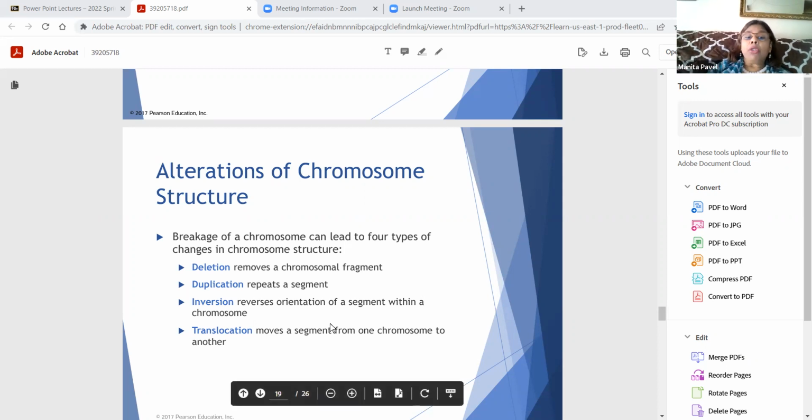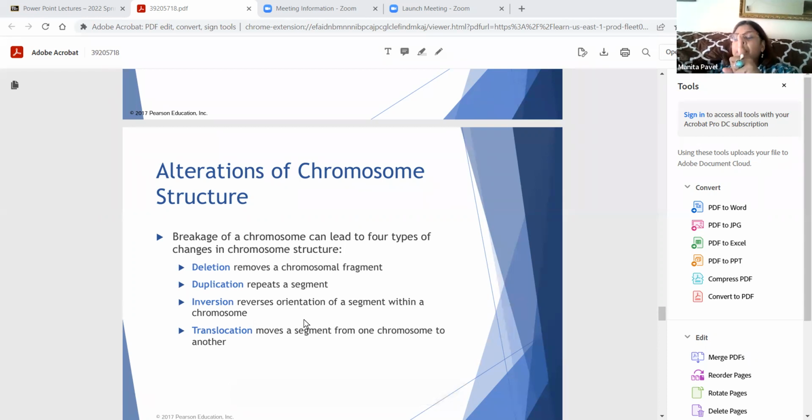Inversion. Inversion is to reverse the orientation of a segment within a chromosome. So if this is my finger, this is my whole chromosome. If I call this, for understanding purposes, A, and this B, end of the chromosome. Now I've inverted it. So now B comes on top, A comes down.